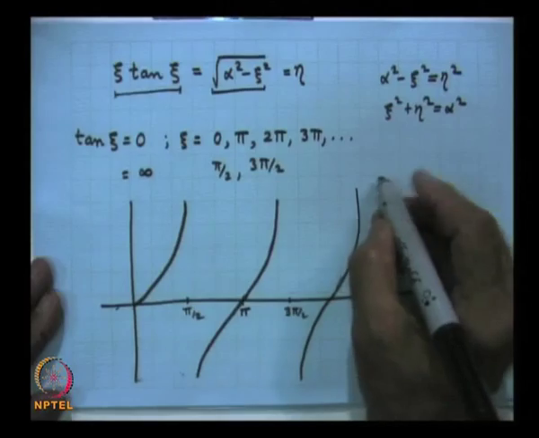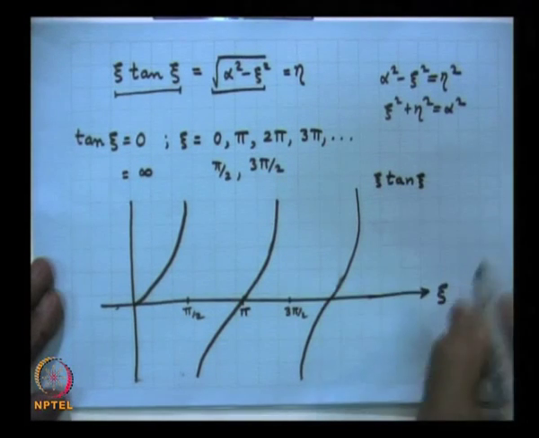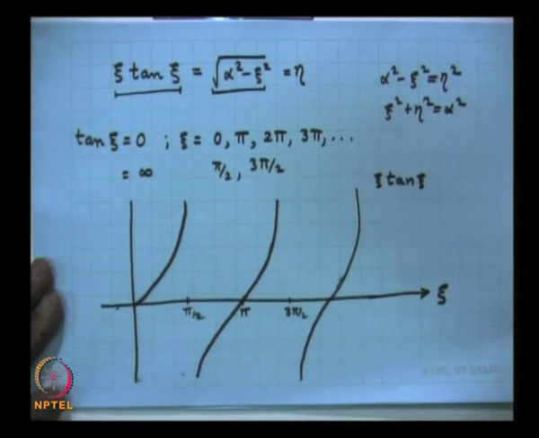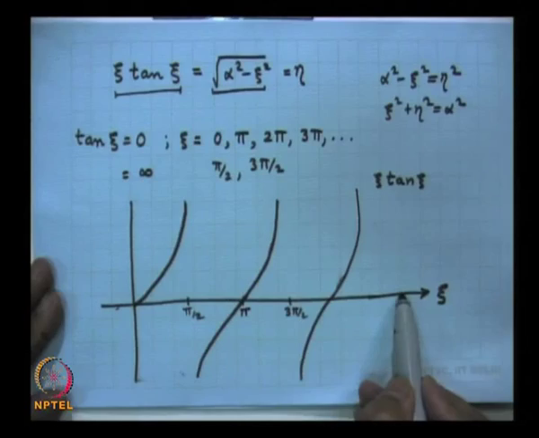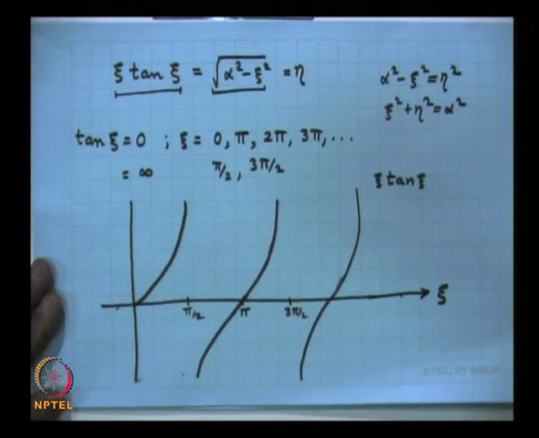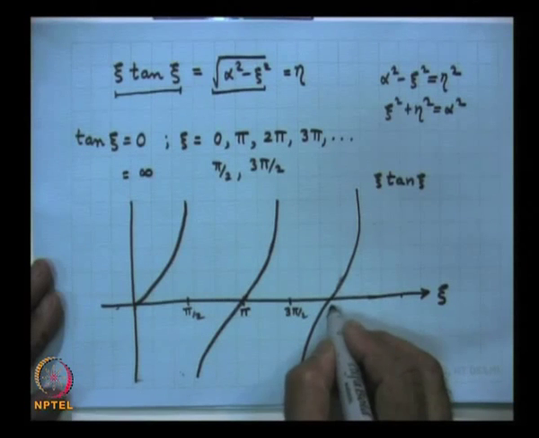So, this is the plot of xi tan xi as a function of xi. It will have infinities at pi by 2, 3 pi by 2, 5 pi by 2 and so on, and it will have zeros at 0, pi, 2 pi and 3 pi.